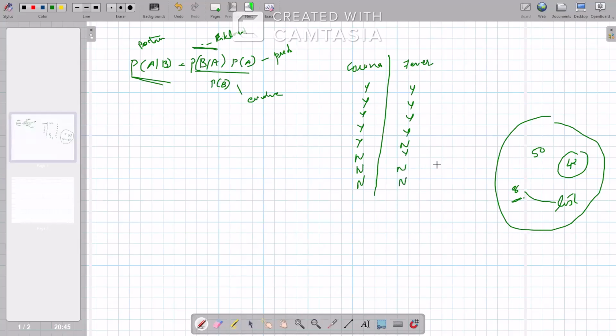Is it clear? This data is easy to observe, right? But among the other 42, or in this 50, maybe 46 people have fever, but they don't have the symptom of corona.